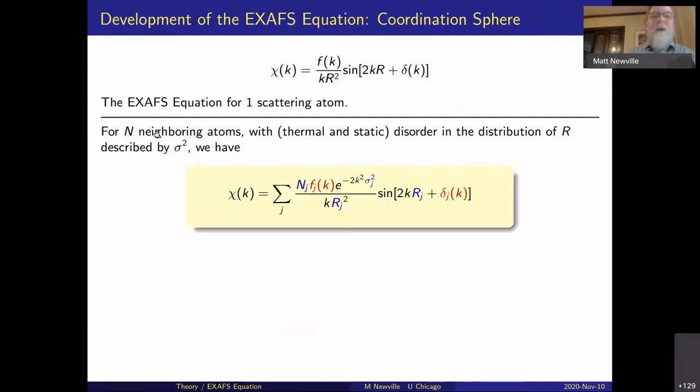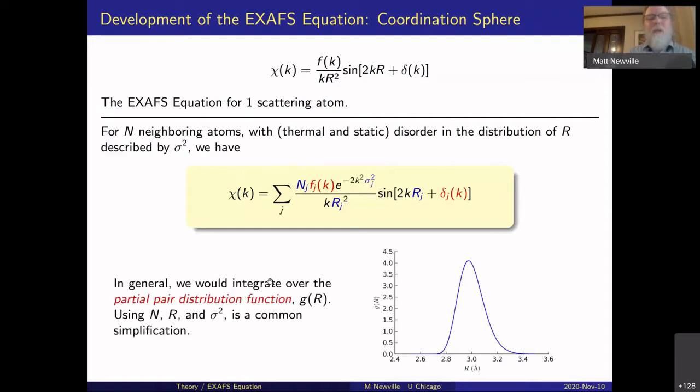And so we have a number of neighbors for the atom. There might be some disorder in that distance distribution around R. And so we have a sum over neighboring atoms and a range of distances that we model as sigma squared.